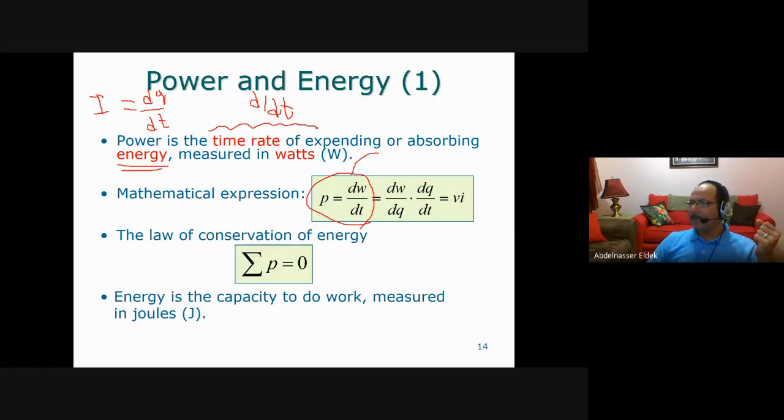Here I can find the relation between power and voltage and current. How? By adding dq in the top and bottom. You see, dq is in the top and bottom, so they cancel each other. I did not change anything. It is still dW by dt. But now when you divide these two terms, dW divided by dQ is the voltage, from the definition of the voltage.